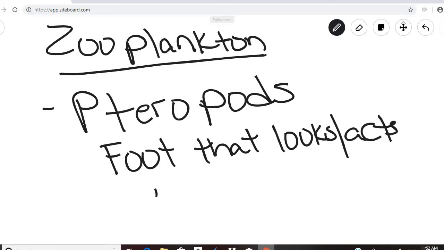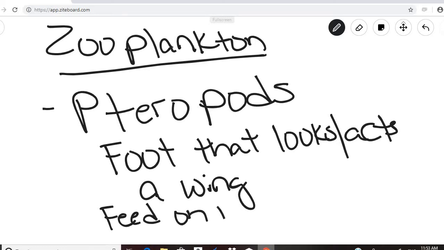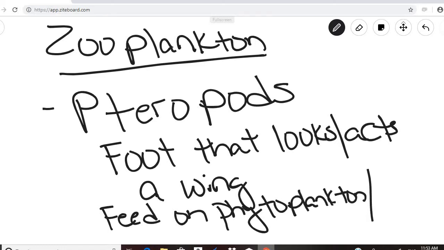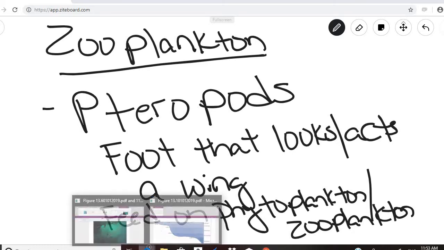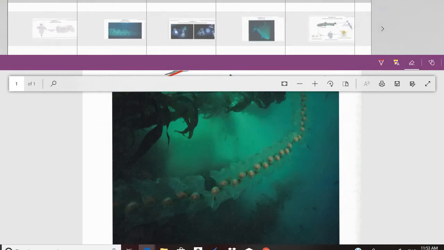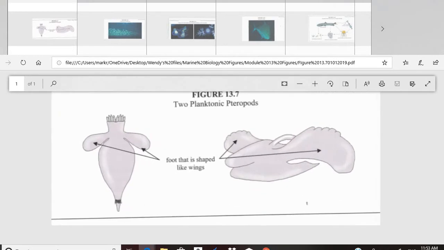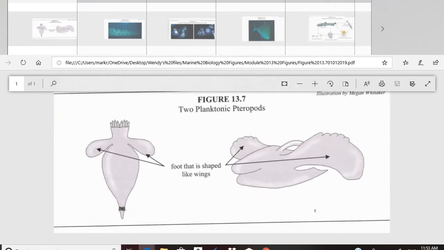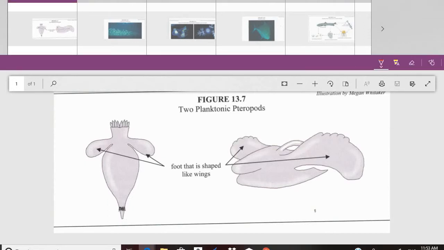So in other words, they move this foot up and down, and as they do that, they feed on phytoplankton and zooplankton. So let's go ahead and look at a picture of one of those. So here, this is actually a drawing of a pteropod. They're plankton. They're zooplankton. They move these wing-like feet up to move through the water, and as they do that, they feed on phytoplankton and on zooplankton that is smaller than they are.